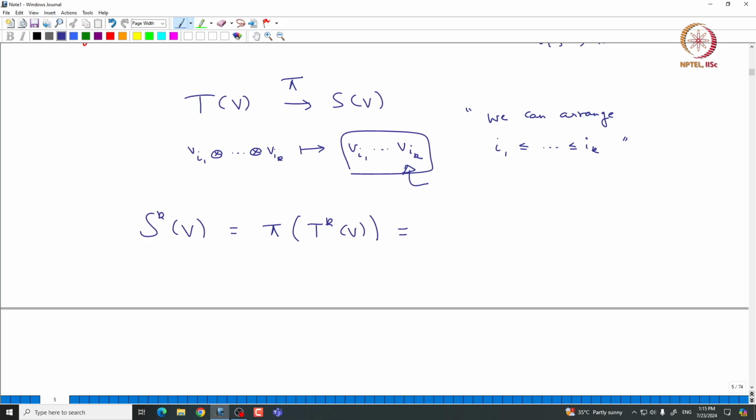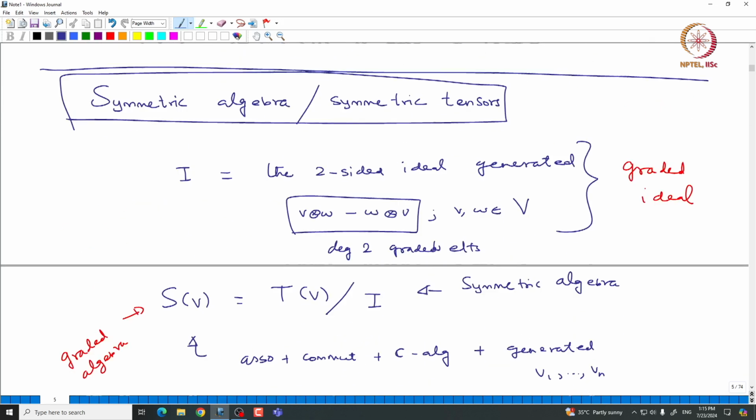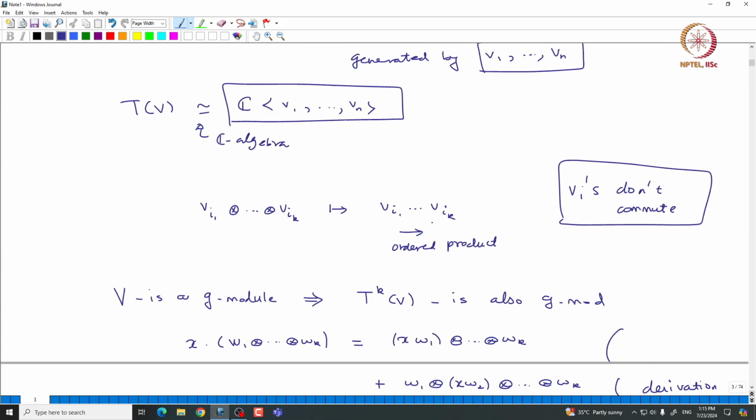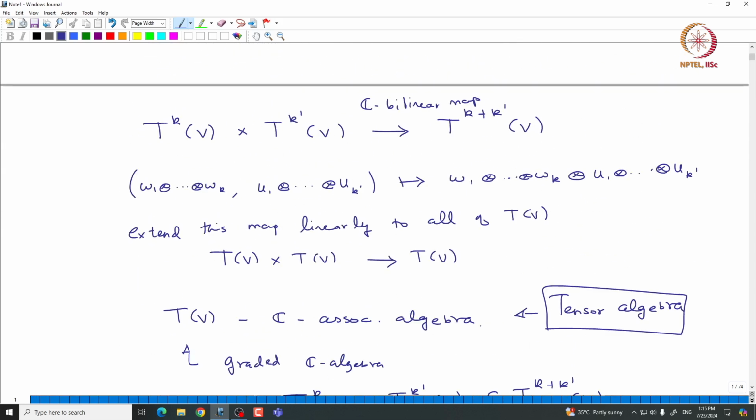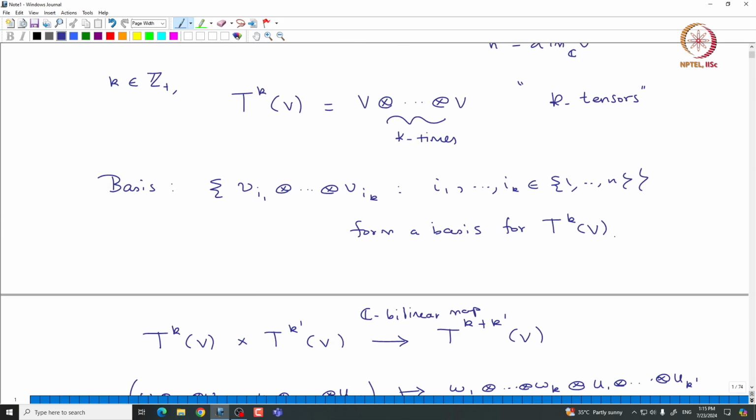You can easily see that we have this natural basis for Tk of V, which is given by all the words vi1 etc. vik, where i1 etc. ik just vary from 1 to n, so that they have length k. Okay.